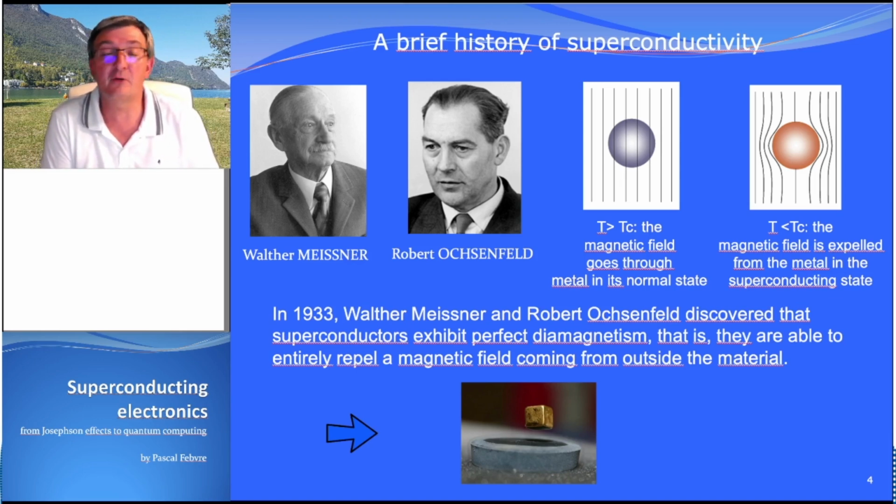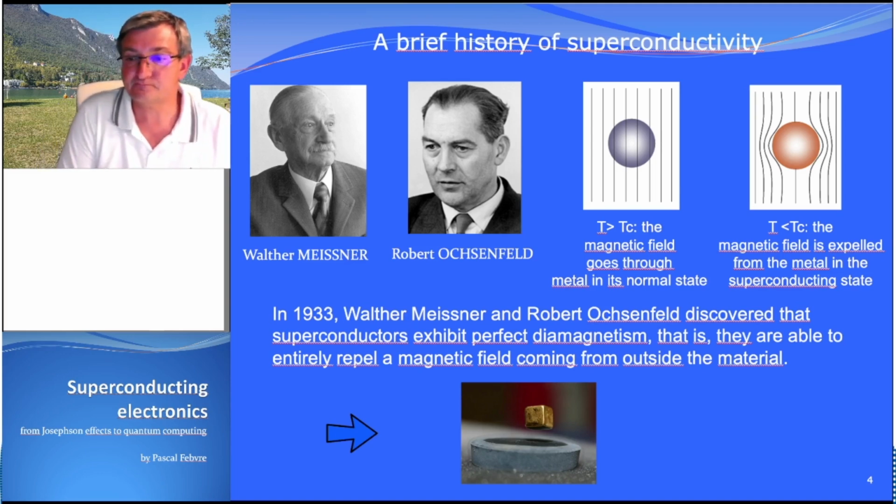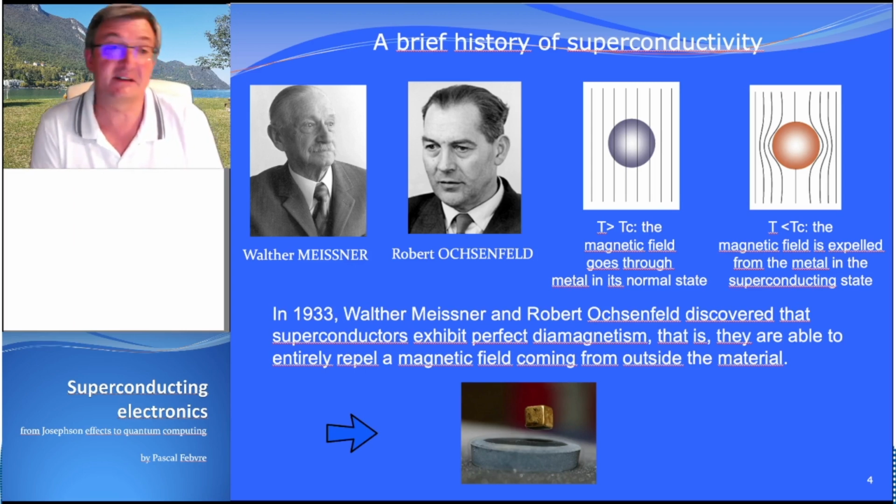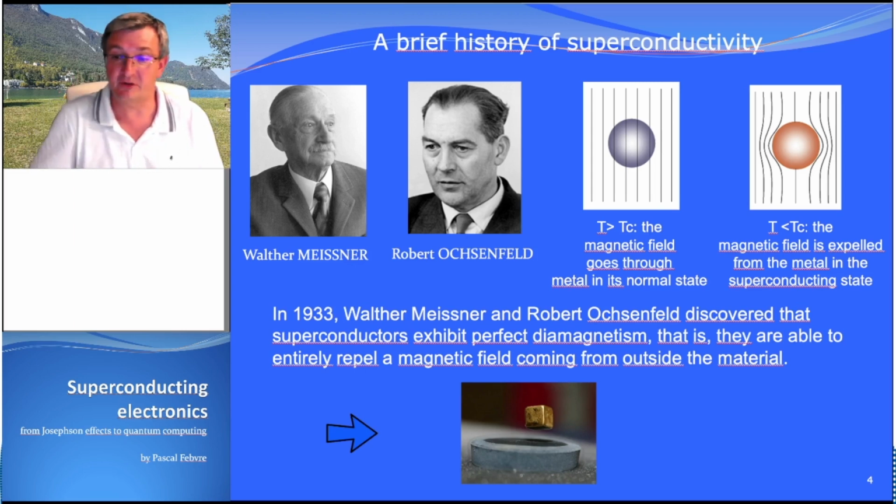Now, it's like a perfect diamagnetism. It's not exactly diamagnetism, but it has the same properties, meaning that there is no magnetic field at all inside the superconductors, and it led to one of the most impressive experiments with superconductivity, which is the levitation of superconductors in presence of magnetic field, so close to a magnet, as you can see on the picture below here.